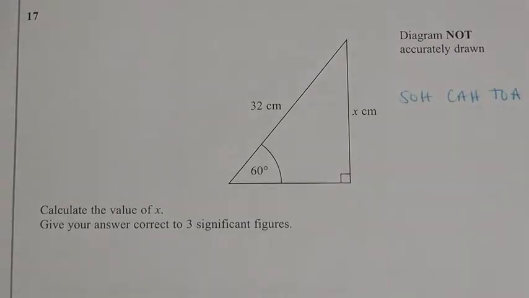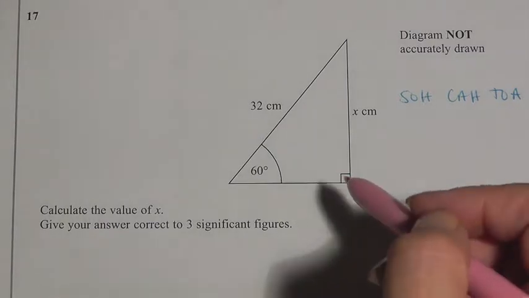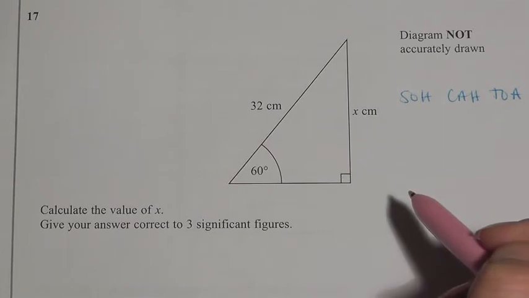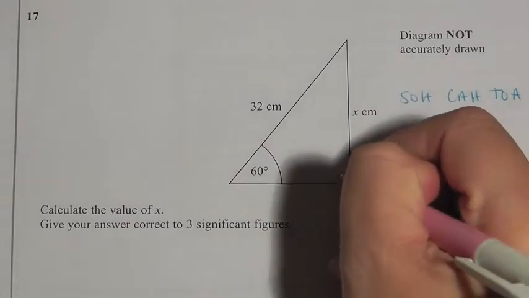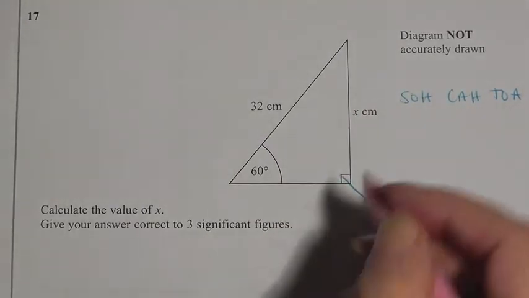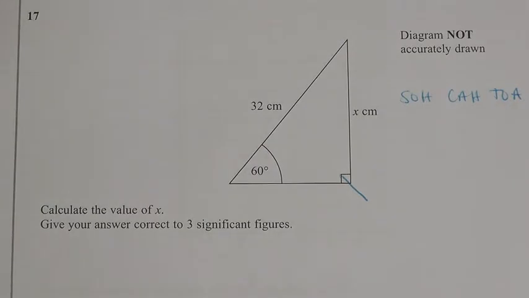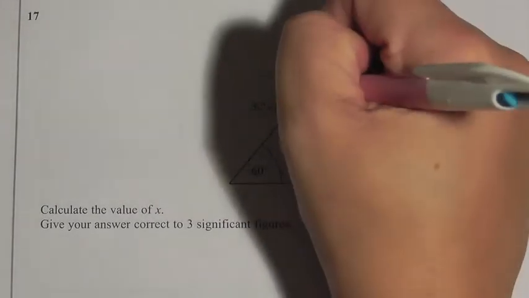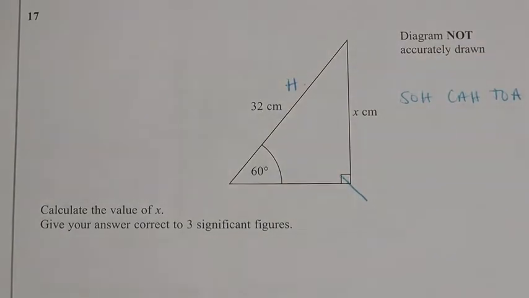So the first thing we need to do is label our sides in terms of opposite, adjacent and hypotenuse. Your hypotenuse is always opposite the right angle and is the longest side. I always like to think it's got an arrow pointing at it using that part of the right angle. So this is my hypotenuse, and the other sides are labelled based on the angle that we're using.